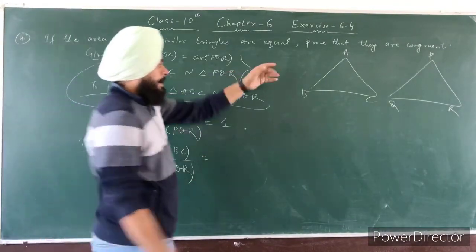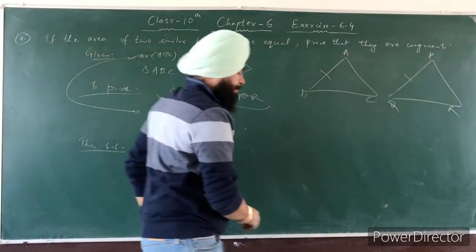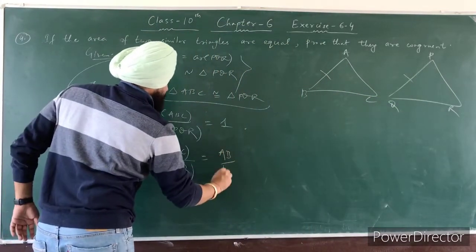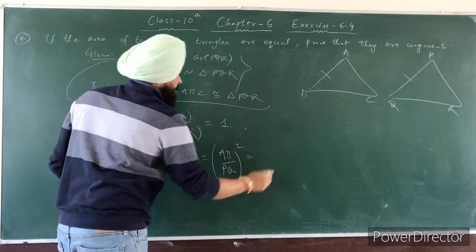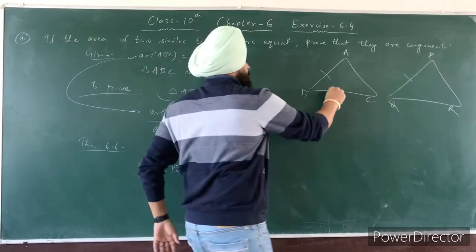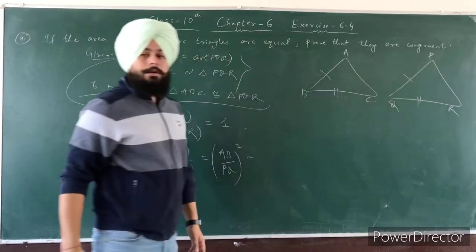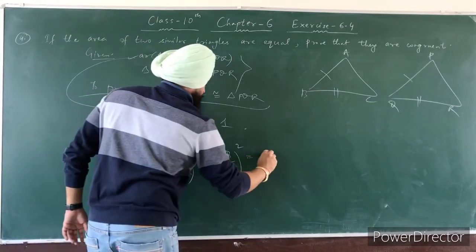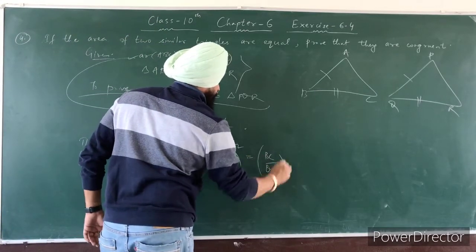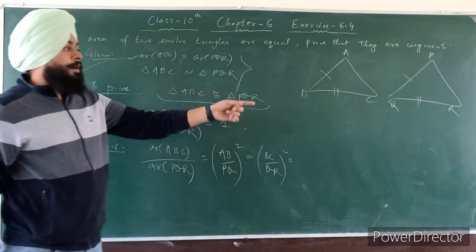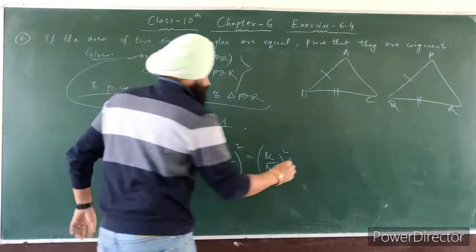So corresponding sides AB and PQ. AB corresponding to PQ. Here side BC corresponding to side which one? QR. And side CA corresponding to side RP.